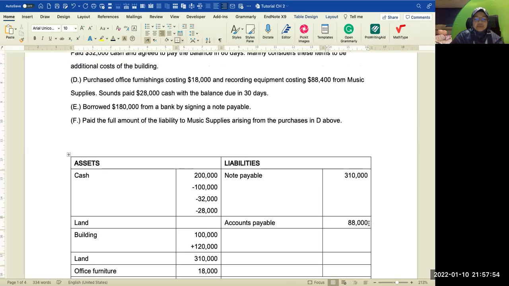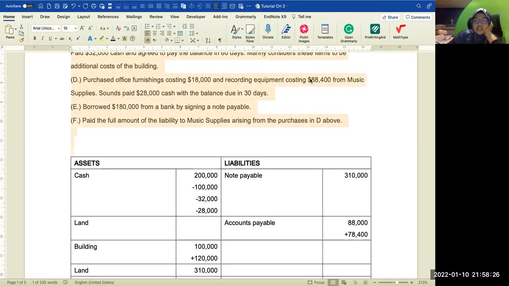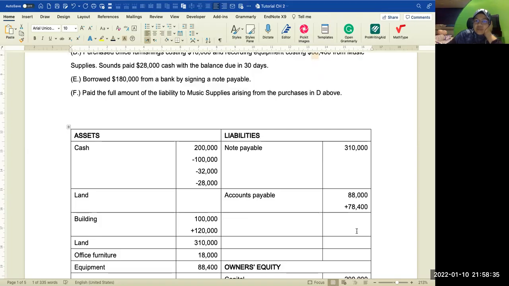How much? 78,400. How do you get 78,400? The total is 18,000 for the furniture, and then equipment is 88,400, and then you pay 28,000. So the balance is 78,400. Very good. Everyone else clear?